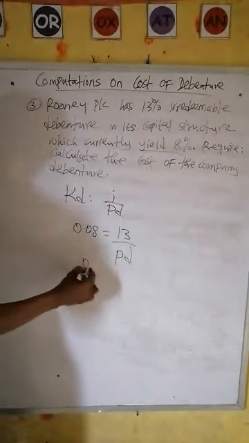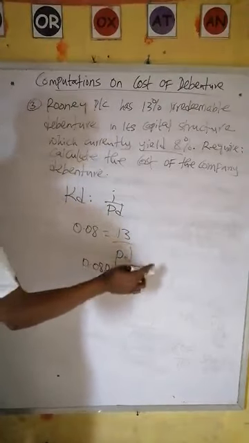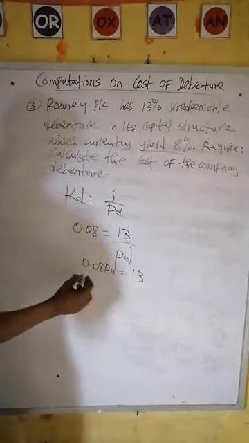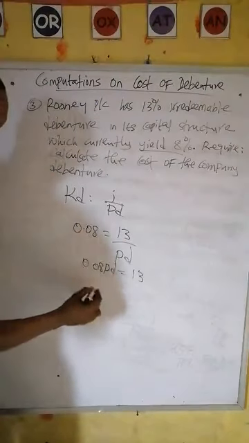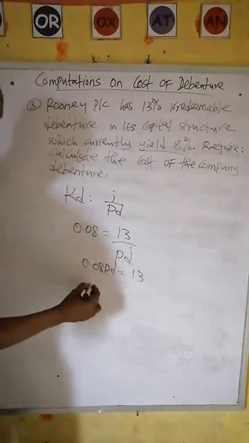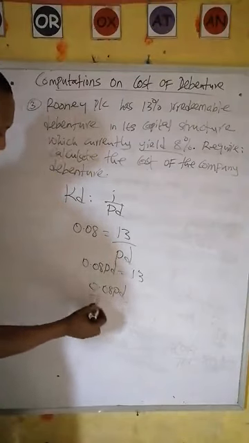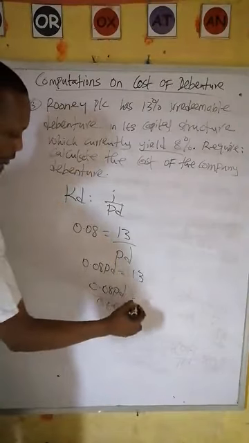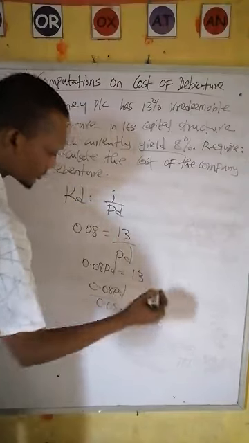So 0.08 PD is equal to 13. Therefore, divide by the coefficient of PD: 0.08 PD all over 0.08 is equal to 13 all over 0.08.